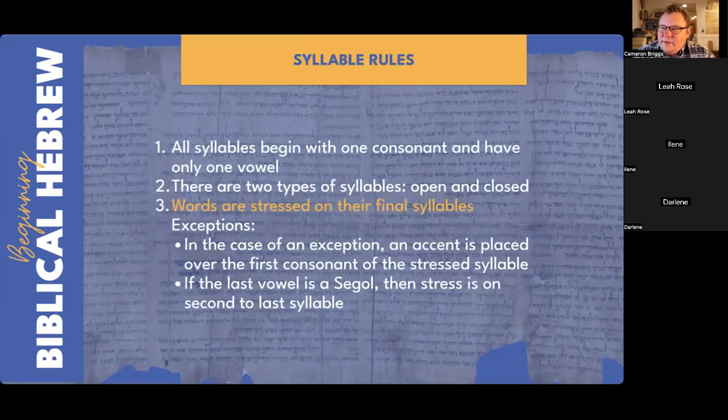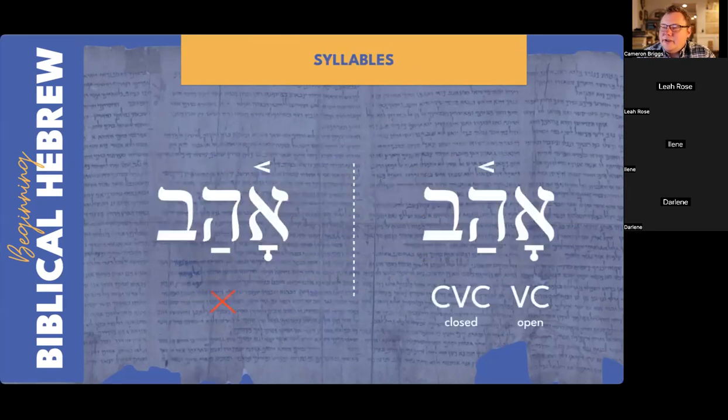All right, so our third syllable rule is that words are always stressed on their final syllables as the general rule. There are exceptions, and we have to mark those exceptions a specific way, but words are stressed on their final syllables. So, for example, this word on the right, well, it's the same word, but this little accent mark above shows us where the stress is. The stress belongs over the last syllable, not the first syllable.